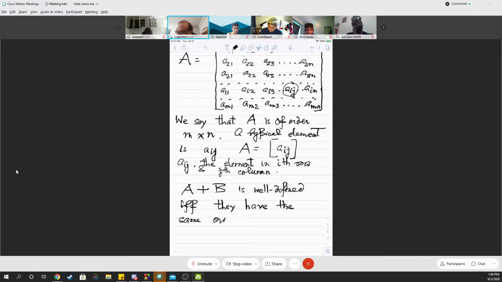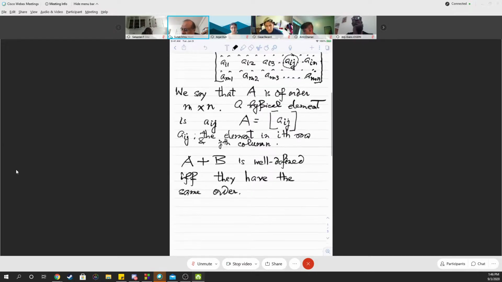That means both are m by n. What I'm saying is, if you have a 4 by 3 matrix and a 2 by 2 matrix, you cannot add them. To define matrix addition, they must be of the same order. This is the first important thing.